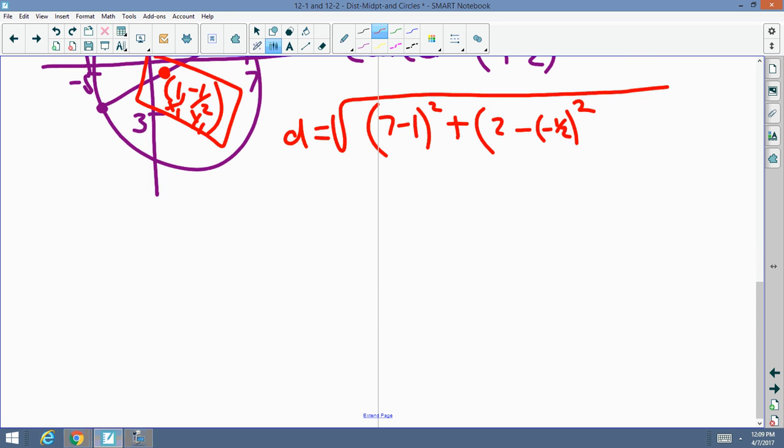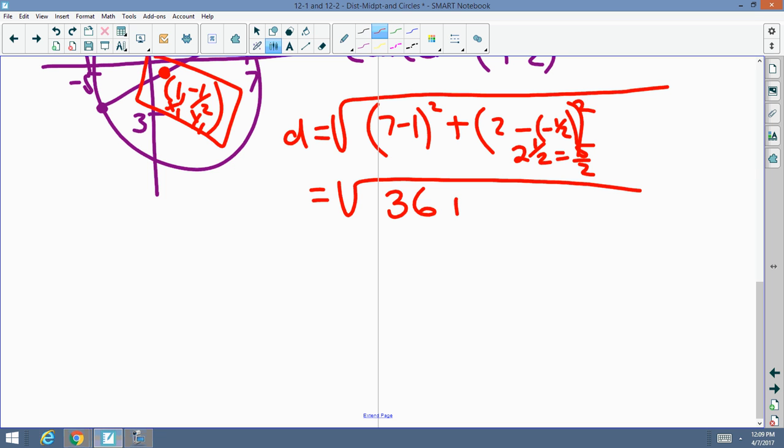This will equal 6 squared, which is 36, plus, okay, remember this is 2 1/2, which is 5 halves, so that squared is 25 halves.